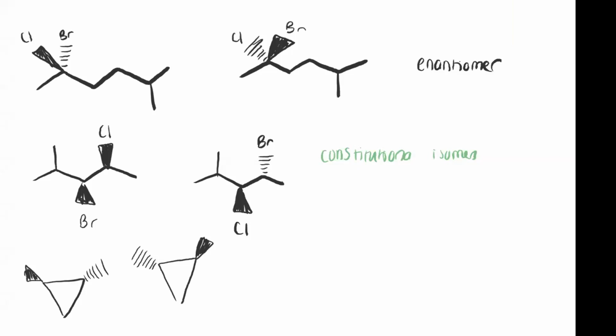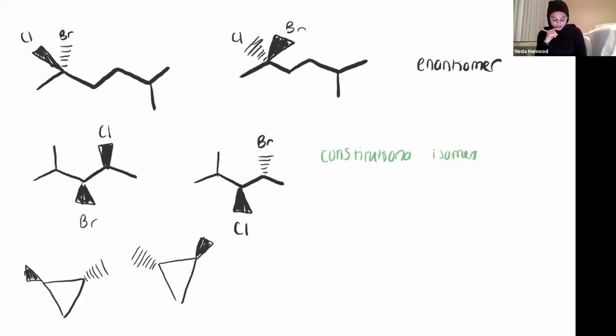Meso compounds or enantiomers? I always mix those up. Meso is just if it has a center but it's symmetrical or something like that. I think that's different. So these are enantiomers. This is another way to draw enantiomers.